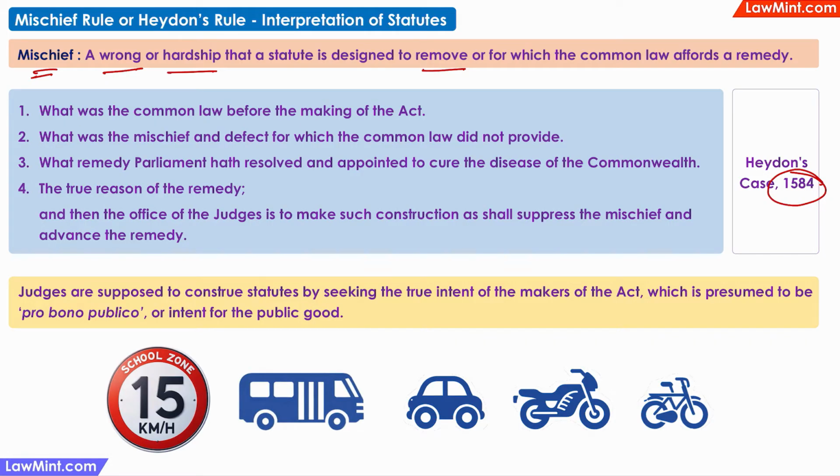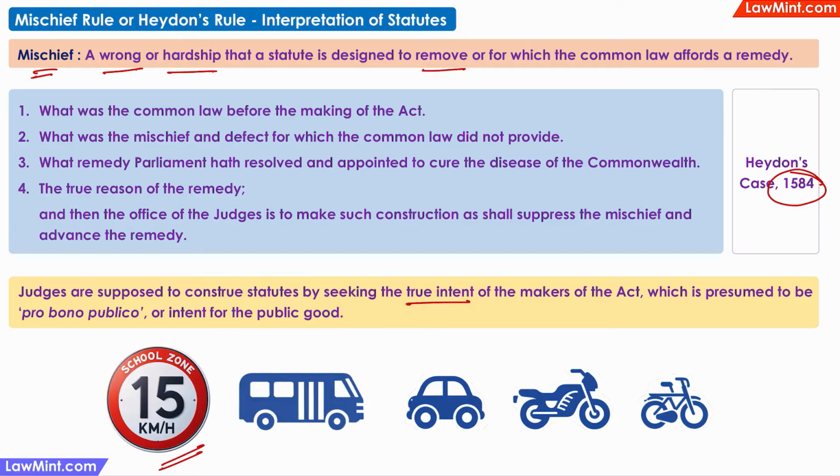When a judge is constructing or interpreting a statute, he should first try to understand the true intent with which the law was created, that is, what was the mischief that was sought to be addressed, and interpret the law to make it effective. For example, if the speed limit in a school zone is 15 km per hour, then the mischief that is being addressed is that vehicles moving too fast can cause danger to the children in the school zone.